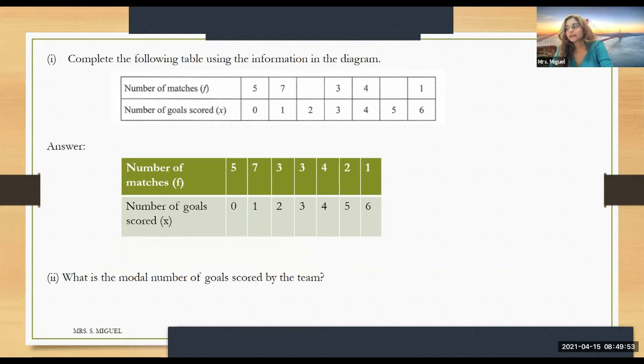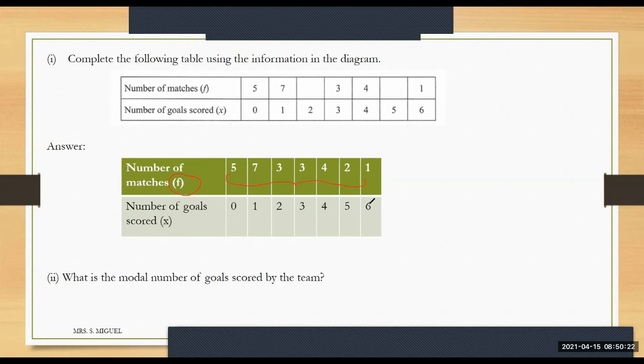Part 2 says, what is the modal number of goals scored by the team? They are asking for the modal number, so we are looking for the number with the highest frequency. The frequency is what we call the f value. What is the highest frequency? 7.